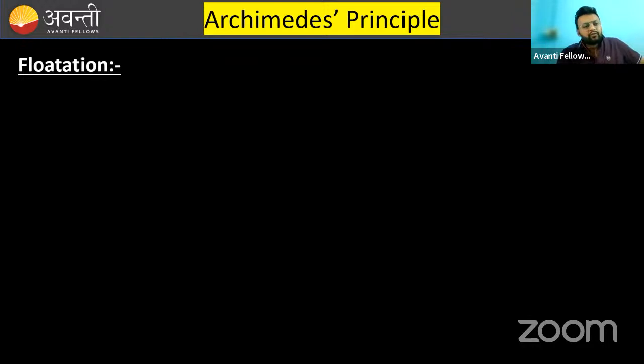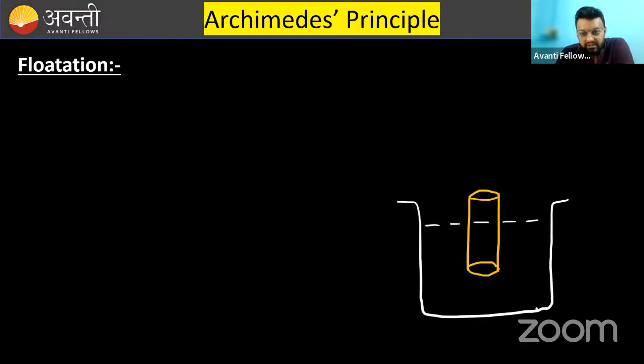Now, moving further. Flotation. Flotation is the word used when a body floats in a liquid. Floating means it is just in equilibrium. This condition of equilibrium is called flotation. Now again have a look at that. Can you see the diagram here? Again, there is a container, a vessel, there is a liquid filled in it, and a body is immersed in it partially.